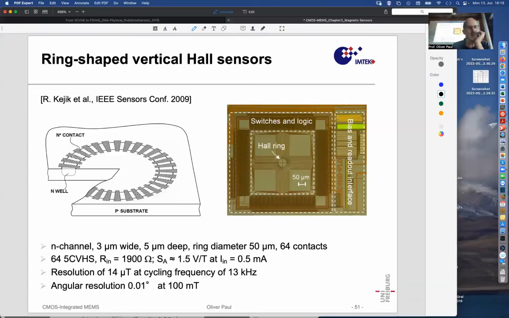But take any 5 of those. Let me take a section of 5 of those. I have a 5-contact device surrounded by another environment. But those 5 contacts allow me to drive the sensor in a way that will be sensitive to a magnetic field going towards the back of this chip.